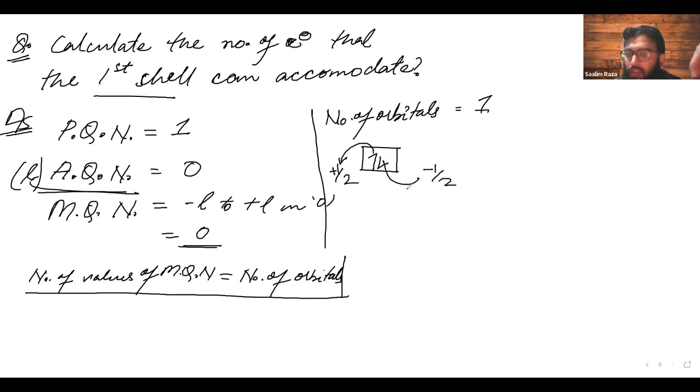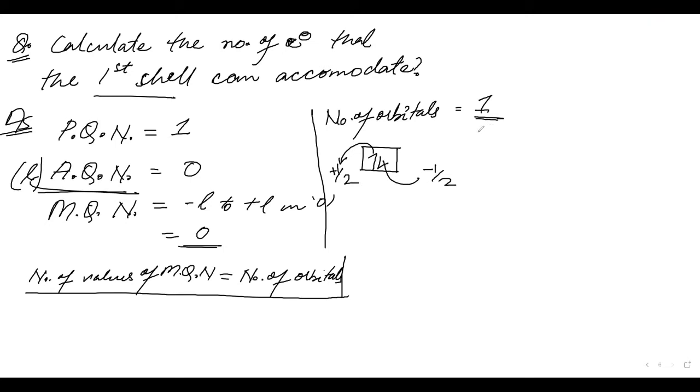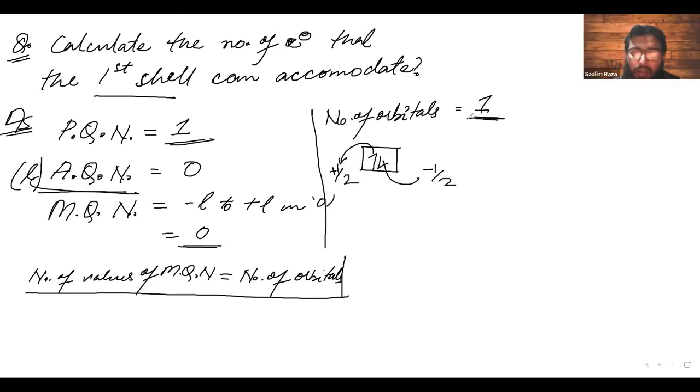We have only one orbital, and each orbital can contain only 2 electrons. So the first shell can accommodate only 2 electrons.